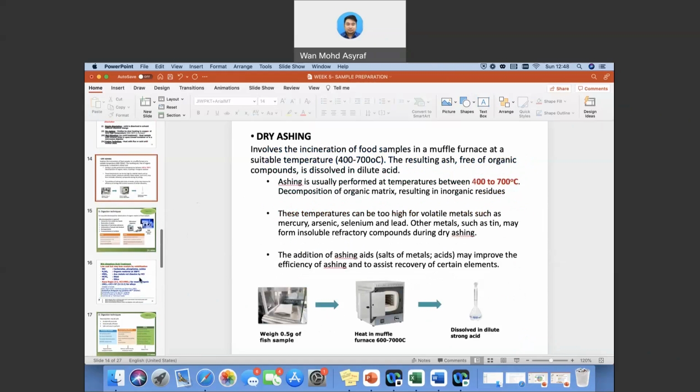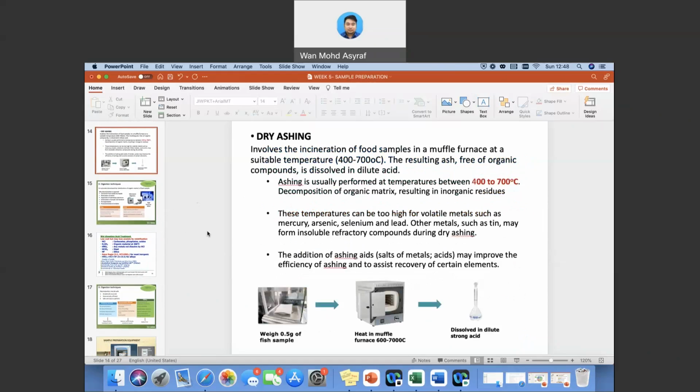All right. So for dry ashing, as I mentioned before, it uses the furnace at a temperature of about 400 to 700 Celsius. The resulting ash, which is free from organic compounds, is dissolved in dilute acid. So basically, you have destroyed the organic compounds and now are left with only inorganic analyte and inorganic matrix, which will be dissolved in dilute acid.